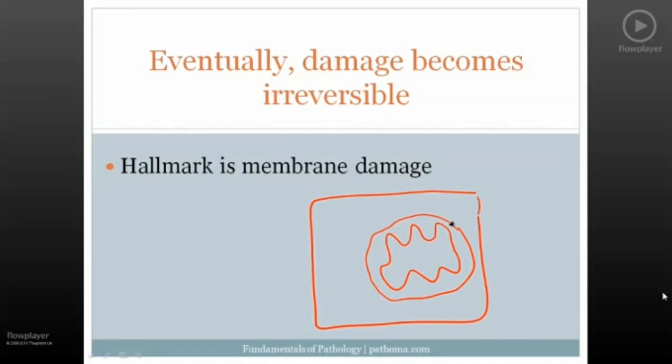Another high-yield consequence of damaging the mitochondrial membrane is that within the mitochondria, there is a very important molecule called cytochrome C. Now, cytochrome C is present within the mitochondria and is carefully guarded. If cytochrome C leaks out of the mitochondria and comes into the cytoplasm, it has the ability to activate apoptosis.